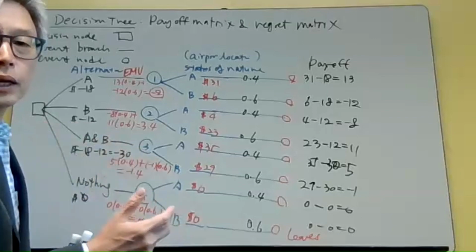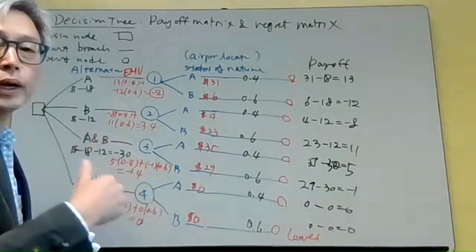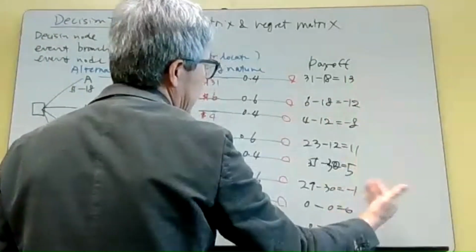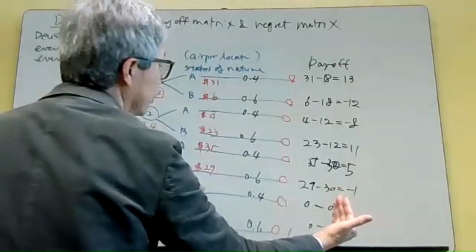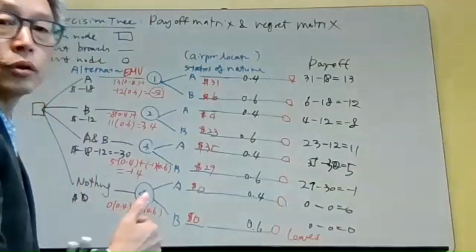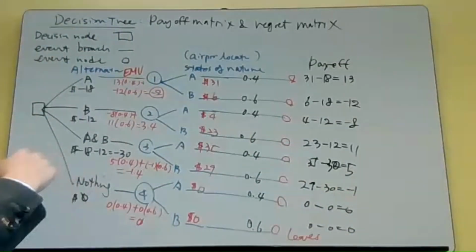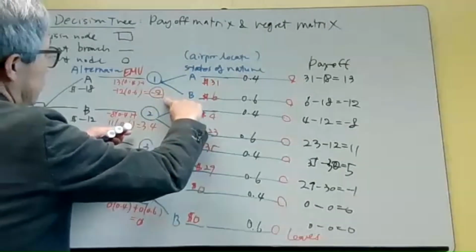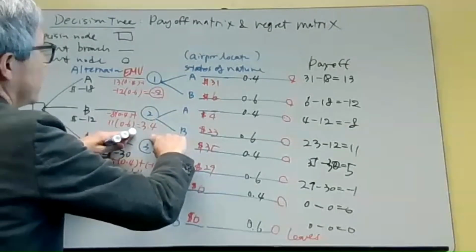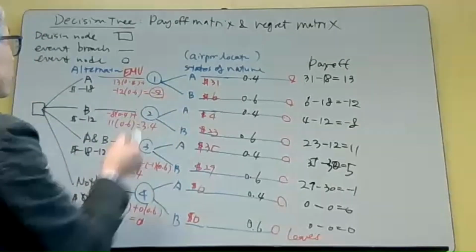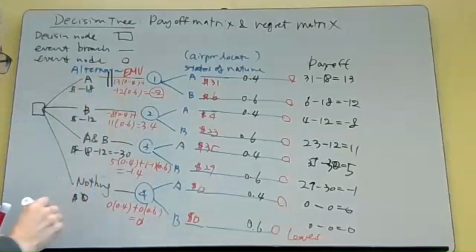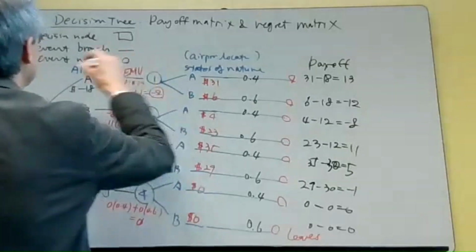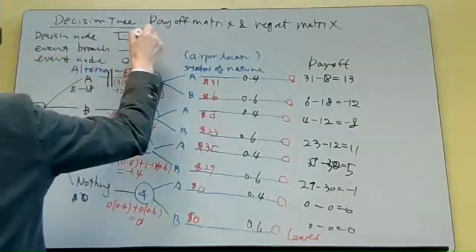So to calculate expected monetary value, we use the rolling back approach, from the leaf nodes, the terminal nodes, to the decision node. Now we have minus 2 and 3.4. 3.4 is bigger than minus 2, so this is not our branch. So just pruning. The pruning approach.